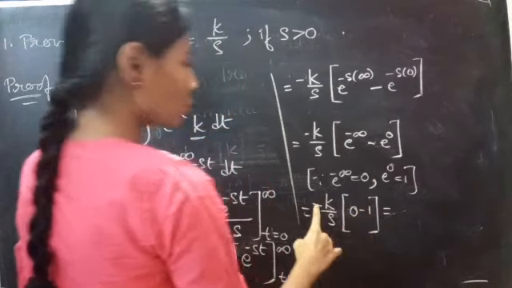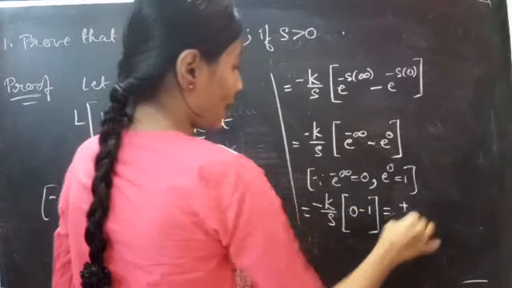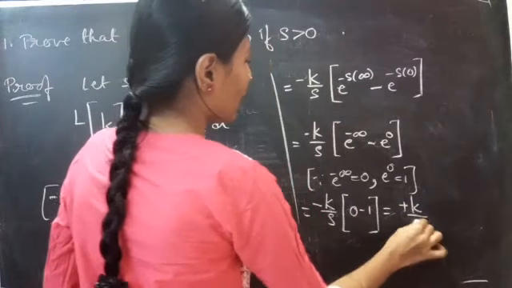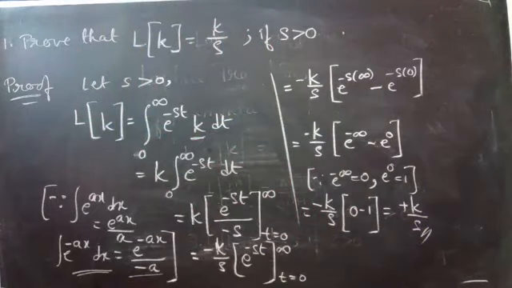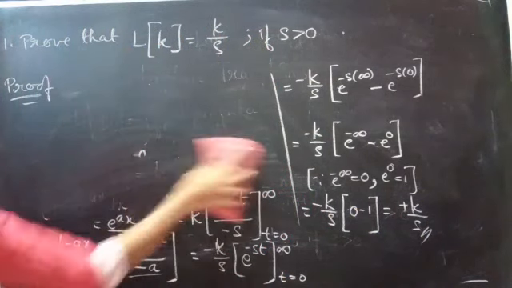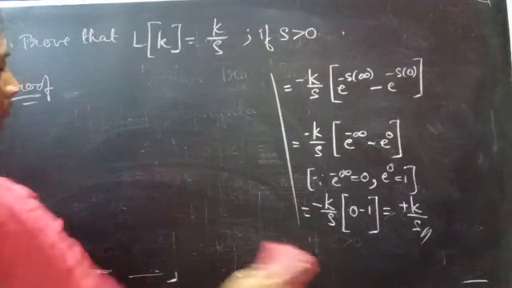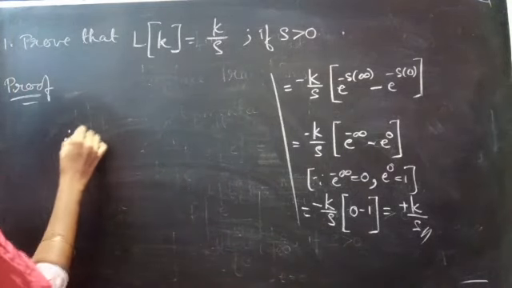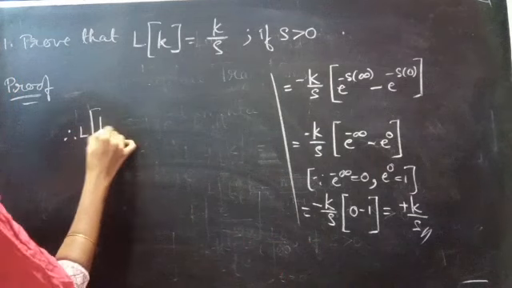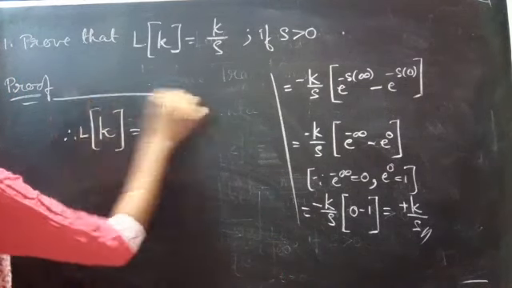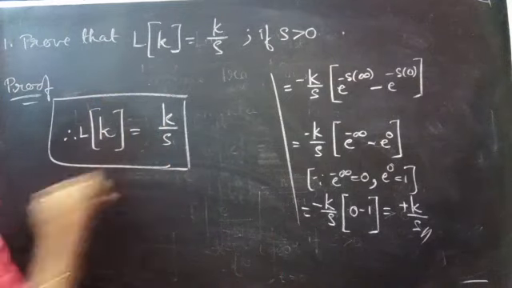Minus into minus is plus, so k into 1 is k divided by s. Therefore, L of k equals k by s.